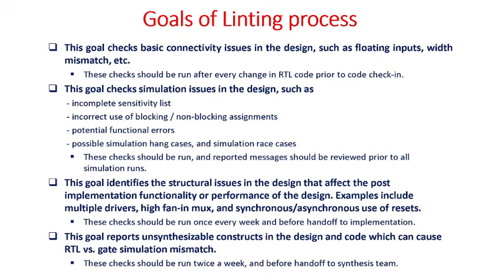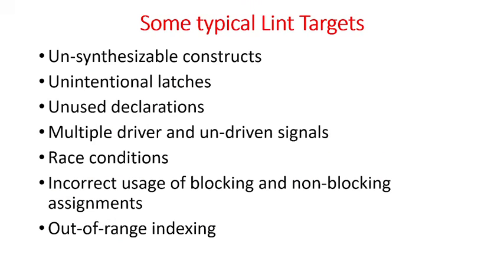Okay, we all know the common linting issues, but let us try to understand how open source Verilator captures those linting errors in the design. Some typical lint targets are unsynthesizable constructs, unintentional latches, unused declarations, multiple driver and undriven signals. These short explanations are sufficient to understand.